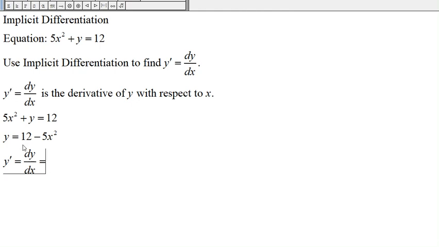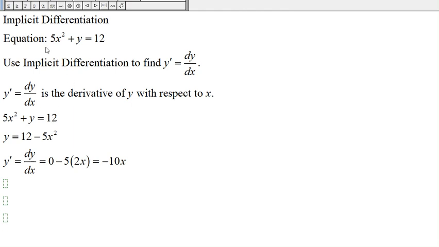The derivative of the constant 12 is 0. The derivative of 5x squared would be 5 times the derivative of x squared, which is 2x. And so the answer is negative 10x.